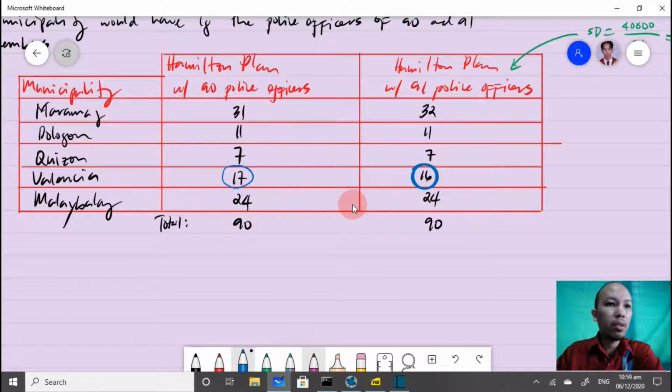So let me put it here, somewhere here, this red one.